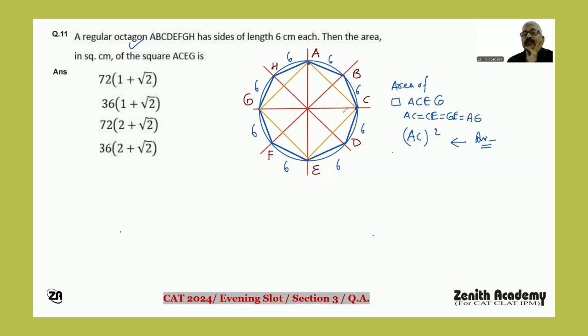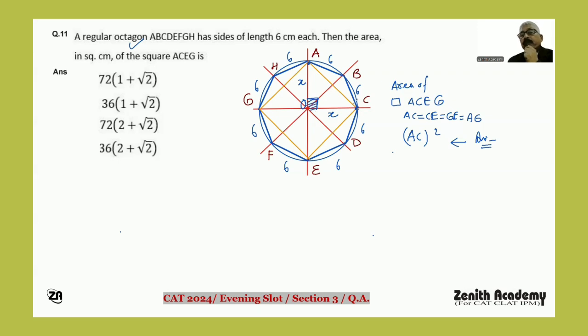It is an octagon, so this is 90 degree. So in triangle AOC, suppose OA is X and OC is X, because it is a radius of this circle. This is a 90 degree.